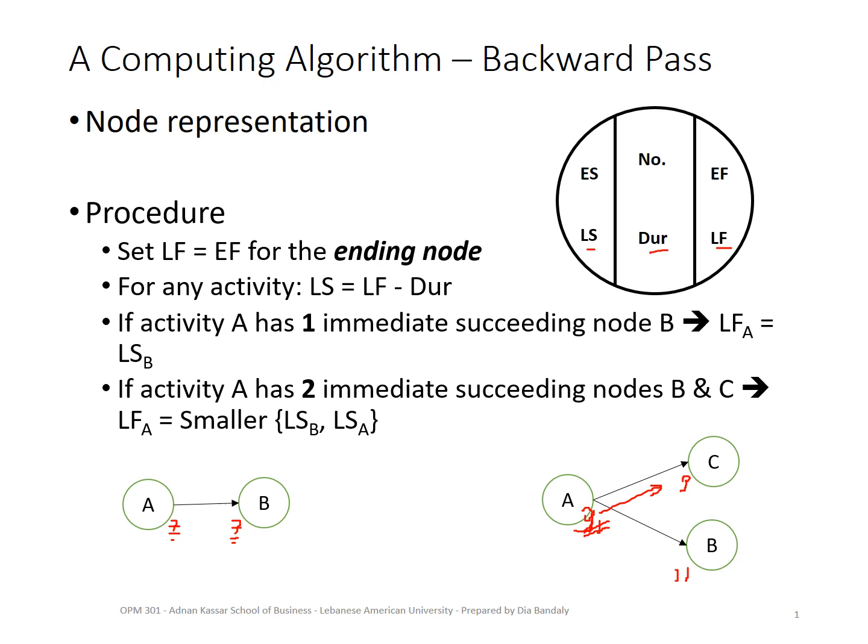And that's what I wrote here, that the latest finish of A will be the smallest of all its succeeding nodes, because it needs to allow the first one to start. All right, I hope that was clear. We're going to do also an example to implement this procedure. It will become even clearer.